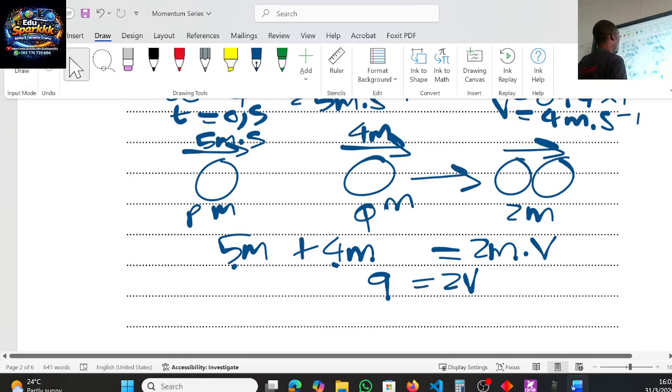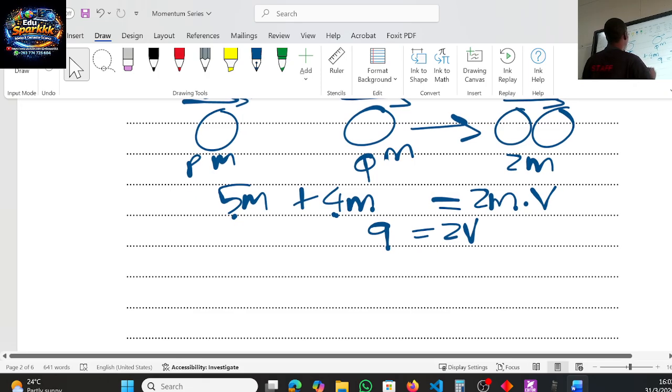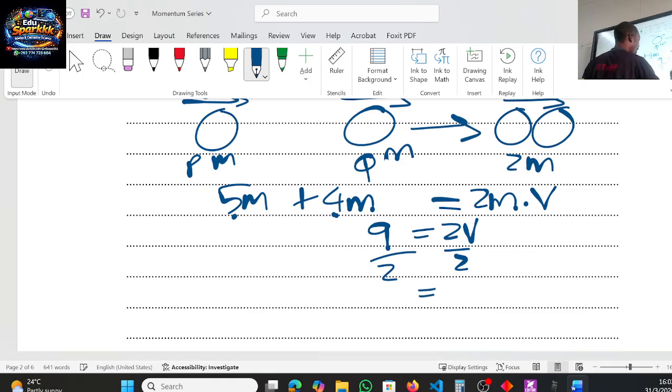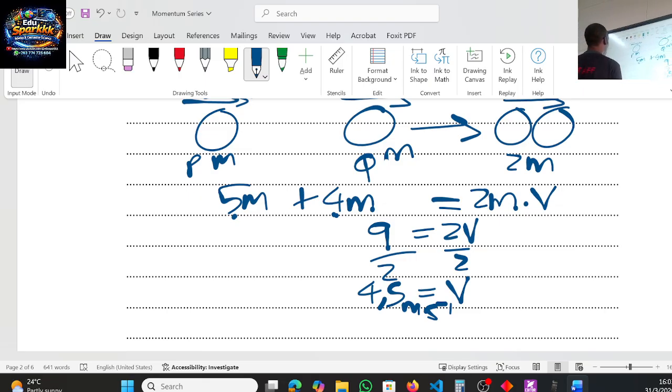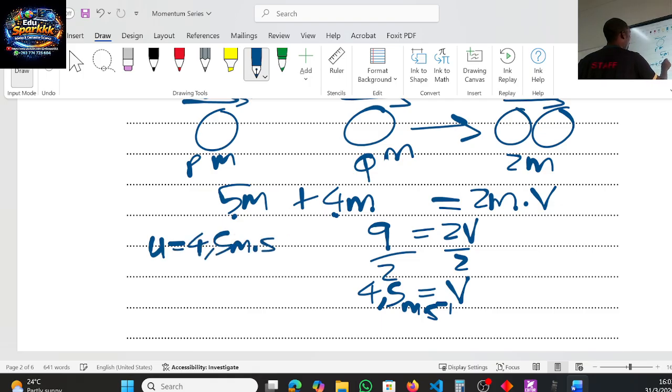We divide both sides by 2. Therefore, as a coalesced component, we have 4.5 meters per second. That is the initial speed with which they start. So as a combined system, they are moving at an initial speed of 4.5 meters per second.